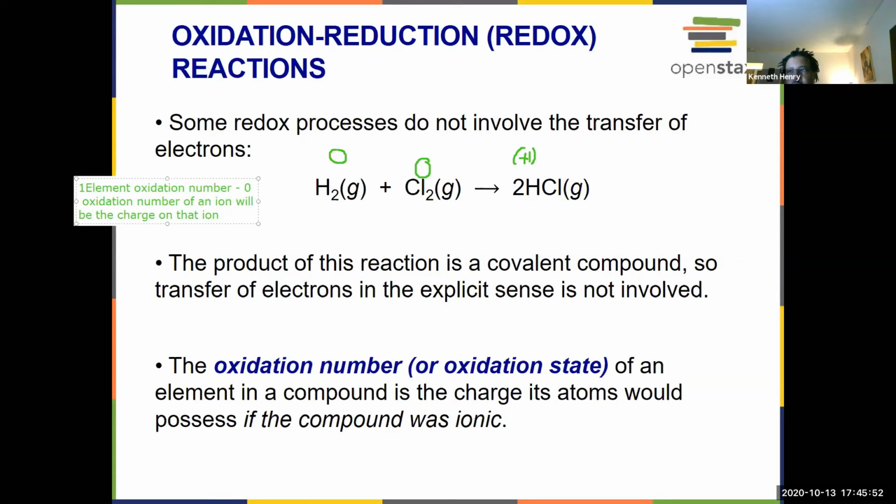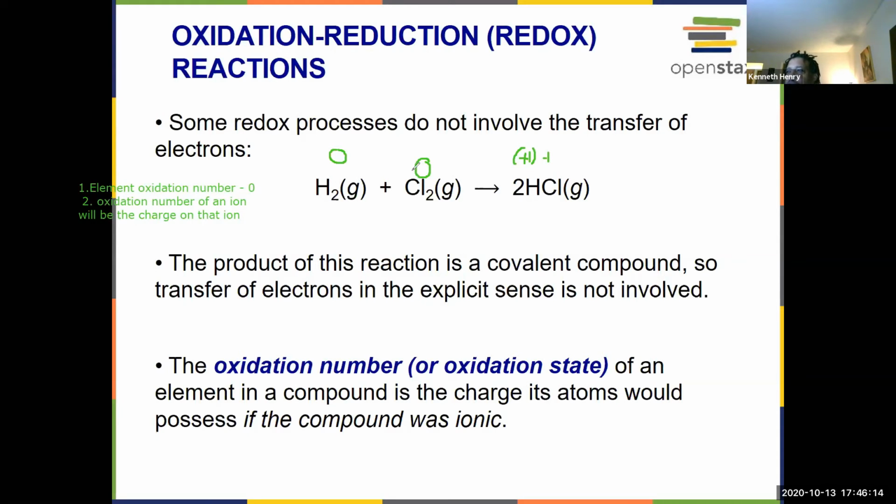And that's on a monoatomic ion. So let me be specific on that. Then this guy here is going to have a -1.